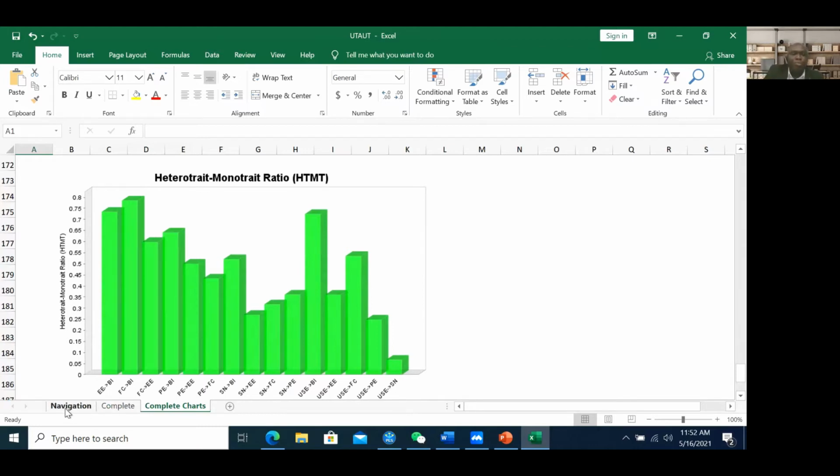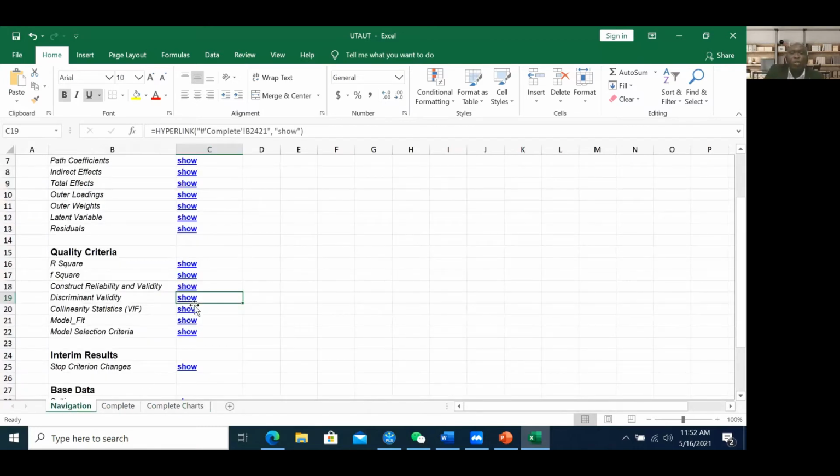So we are still evaluating the measurement model. A quick recap. We looked at construct reliability and validity, where we looked at the Cronbach's alpha, the composite reliability, and the AVE. For Cronbach's alpha and composite reliability, the threshold is 0.7 and above. The AVE has to be above 0.5.